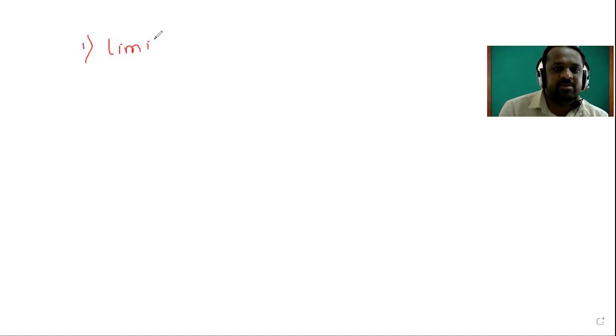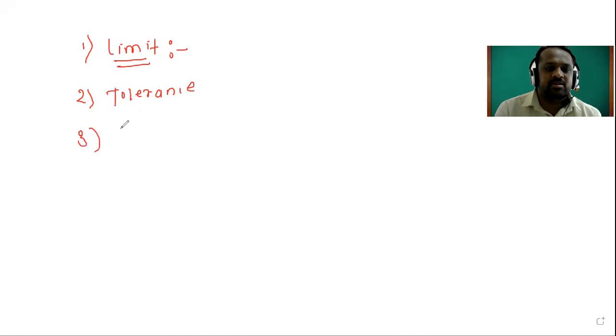Now this chapter is completed. Now see, in this chapter which points we have covered. First is the limit. You know what is meant by the limit? Then we have covered the tolerances, then sizes, basic size, nominal size like this.